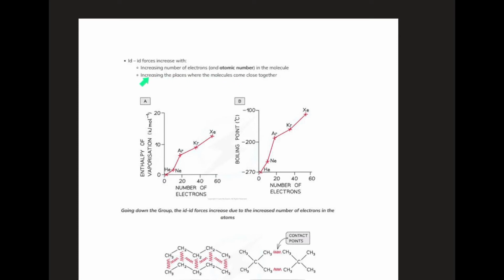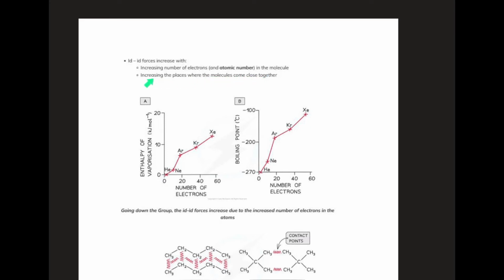The main factor is this one, the number of electrons. If it has more electrons, basically the Idid forces are greater. This other one is increasing the places where the molecules come closer together.